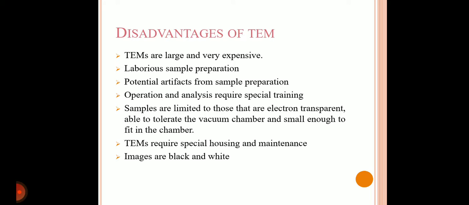TEMs require special housing and maintenance. Images are black and white. Electron microscopes are sensitive to vibration and electromagnetic fields and must be housed in an area that isolates them from possible exposure. A transmission electron microscope requires constant upkeep, including maintaining voltage current through magnetic coils and cooling water.